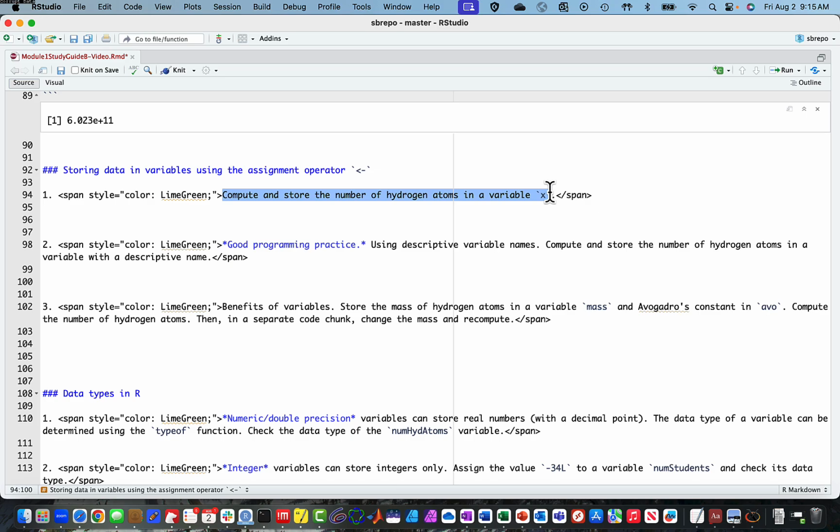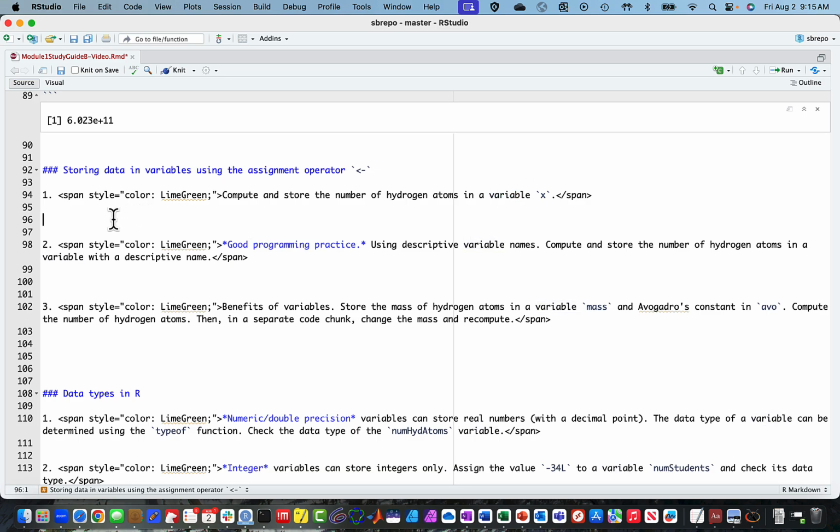Now, obviously, they have locations, addresses, which are numbers, but it's hard for humans to remember those addresses or numbers. And most programming languages, including R, provide what's known as a variable, which is a name that's associated with a memory location or a set of memory locations that store some data.